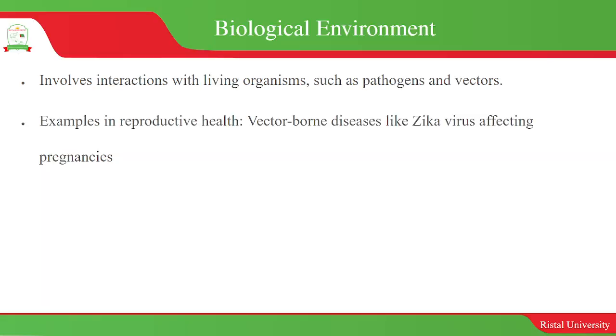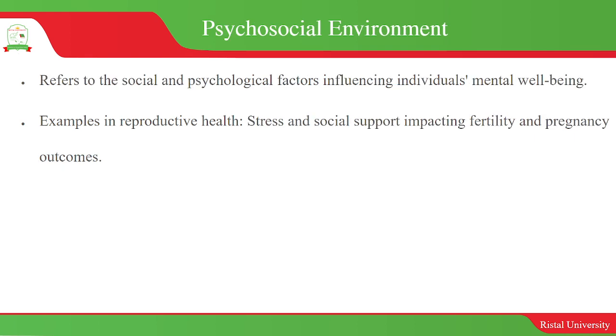And then we have biological factors, such as organisms, pathogens or vectors. When they infect a pregnant mother, they are most likely going to transmit an infection to the unborn child. This is the case for HIV, Zika virus, and others.